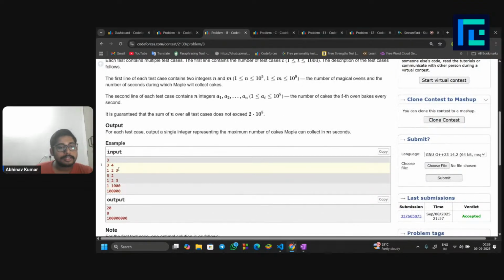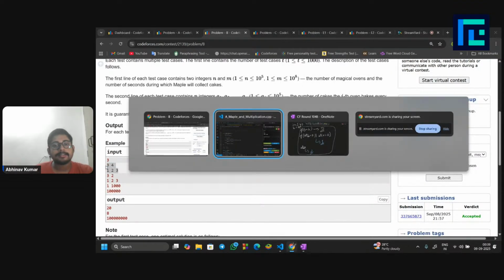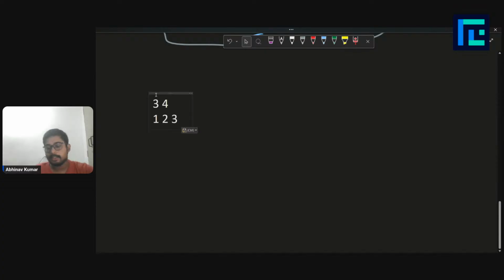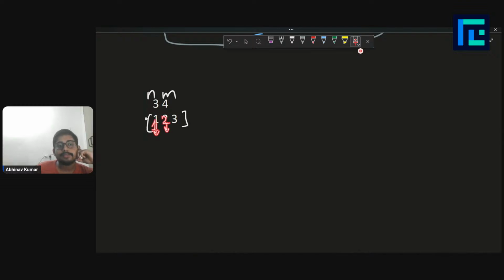If you look at the test cases, suppose we look at the first test case, n is given as 3 and m is given as 4. So you have an array of size 3. That means the first oven bakes 1 cake per second, the second oven bakes 2 cakes per second, and the third oven bakes 3 cakes per second, and you have 4 seconds of time.